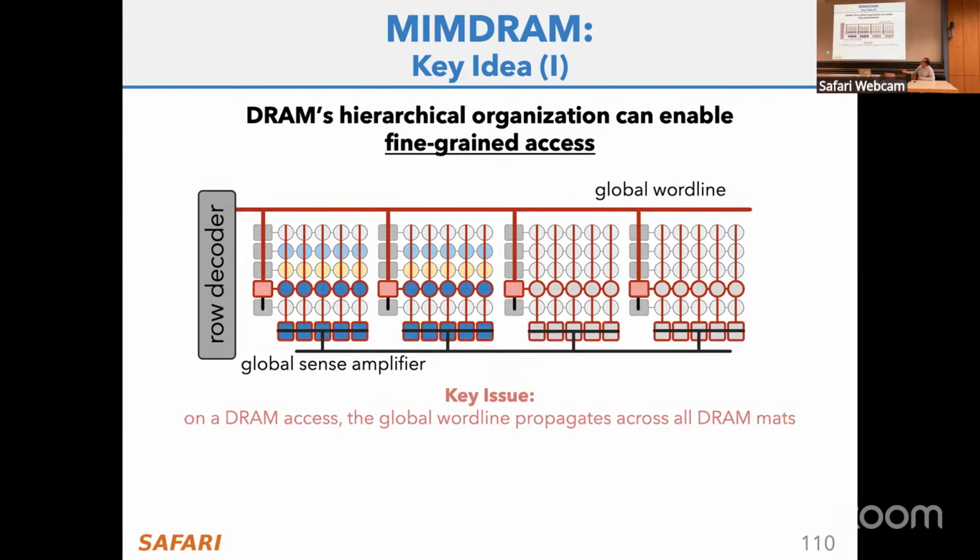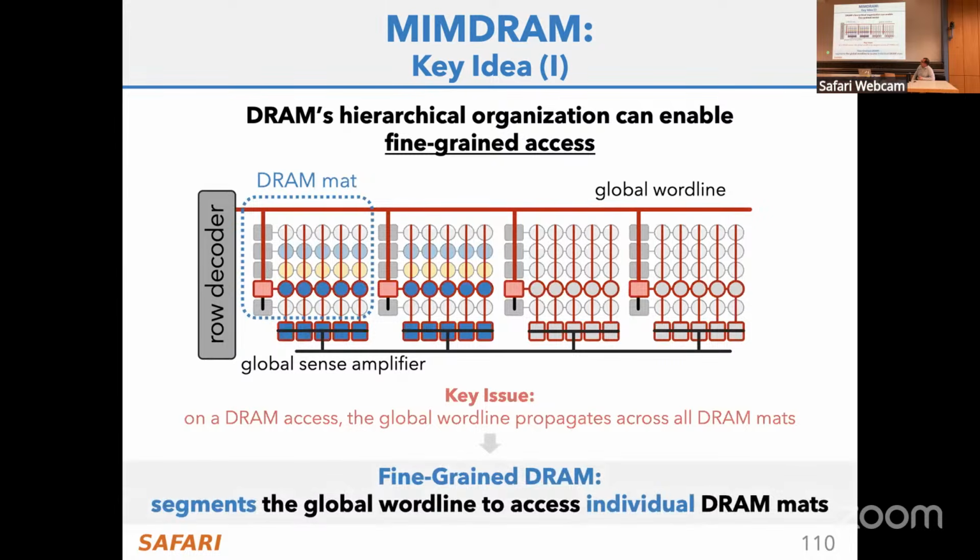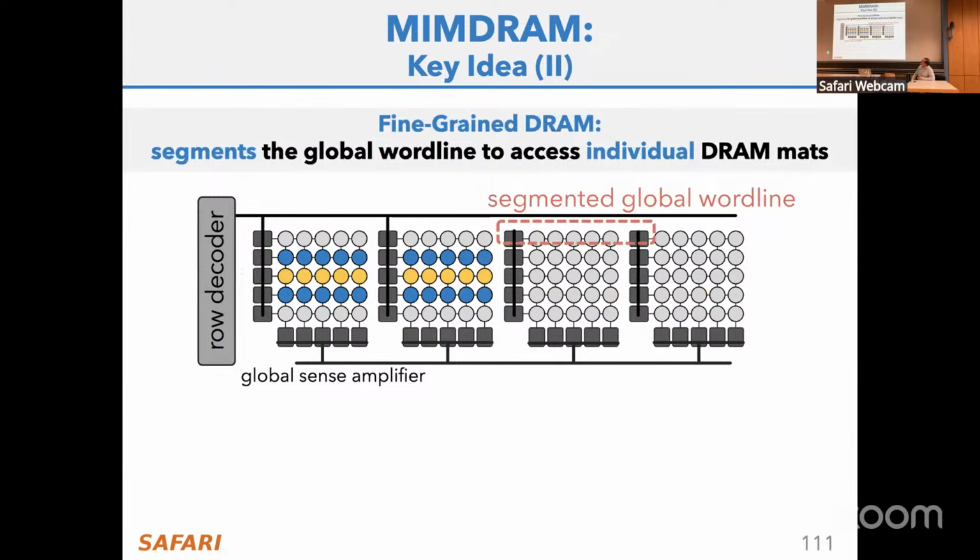So the problem is there's a global word line that propagates across all DRAM mats, even though it has some word line drivers, it's not segmented. So that's the DRAM mat, basically. So the idea is to use what's called fine-grained DRAM. And the idea is to segment that global word line to access individual DRAM mats. So you have a segmented global word line, which essentially uses some sort of isolation. This is not shown in this picture nicely, but you have an isolation transistor here, isolation transistor over here, another isolation transistor over here.